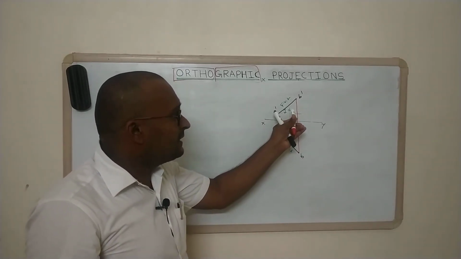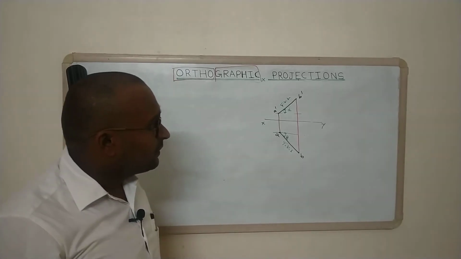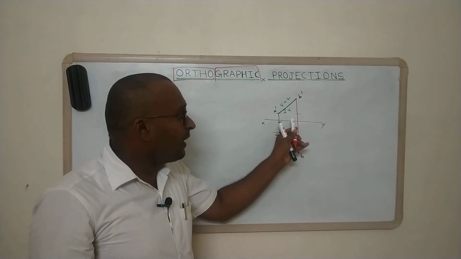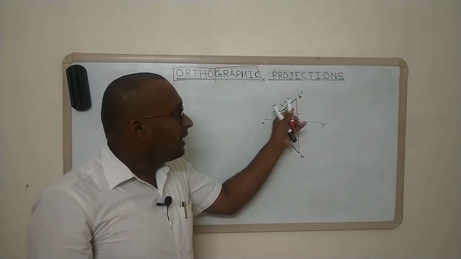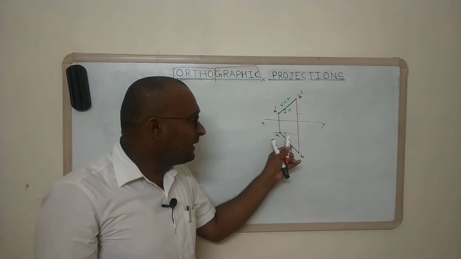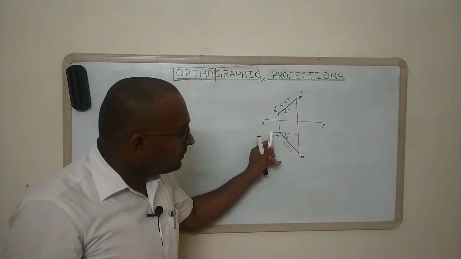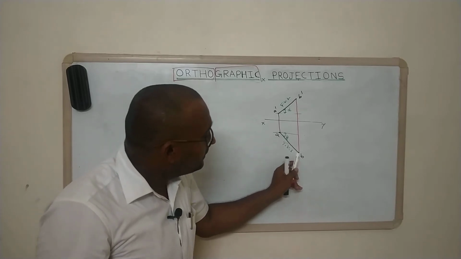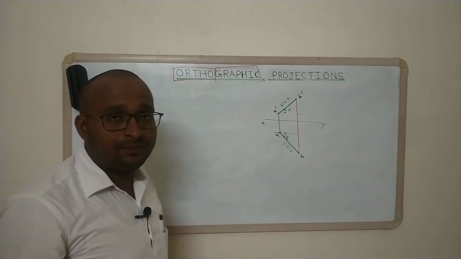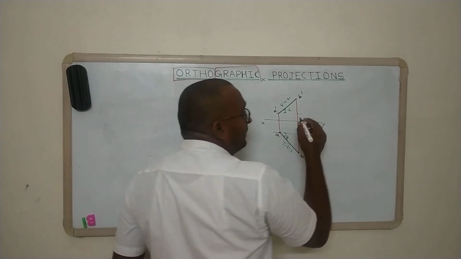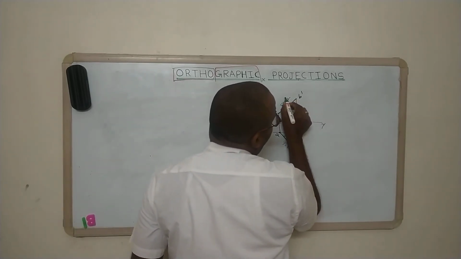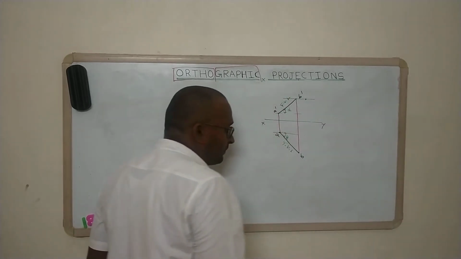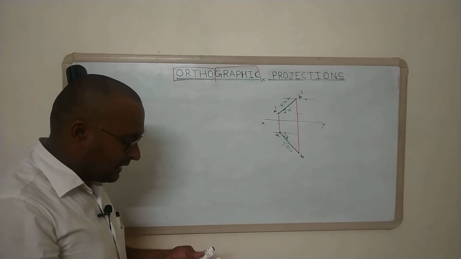So here alpha is an angle between the baseline, that is the xy line, and the front view length, and beta is an angle between the xy line and the top view of the line, right? And then now we need to get the true length of the line.